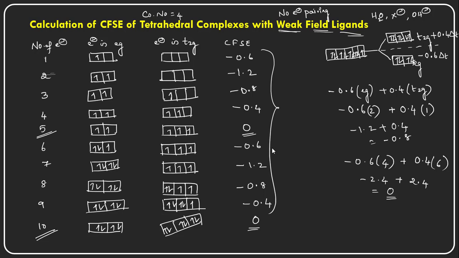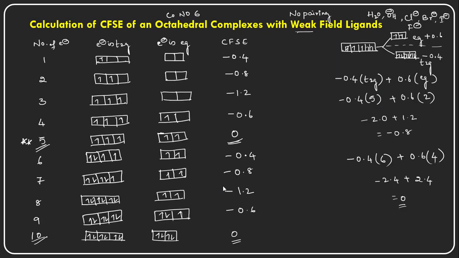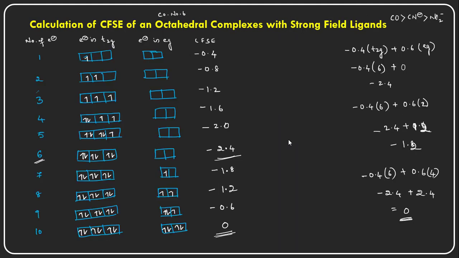So for the weak field ligands, for the 5 electrons and 10 electrons, this value will be 0, and if you check, all the remaining values are negative ones, right? So for the strong field ligand, for the 6th electron it is maximum, that is minus 2.4, and for the 10 electrons it is 0.